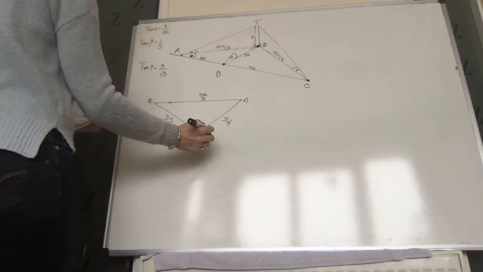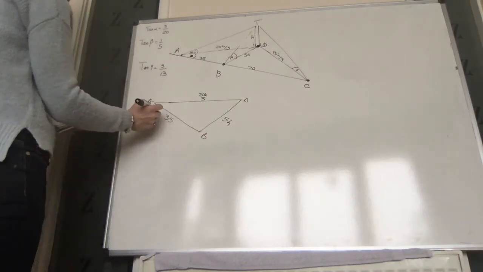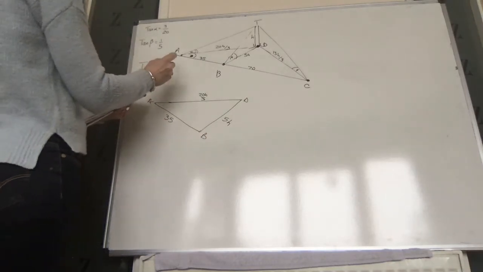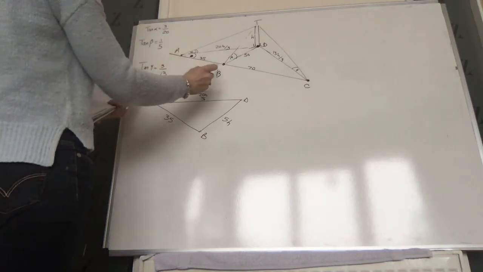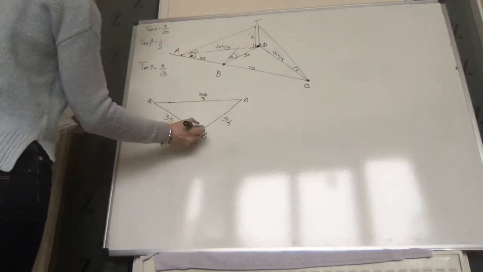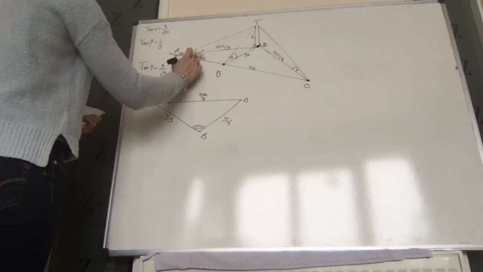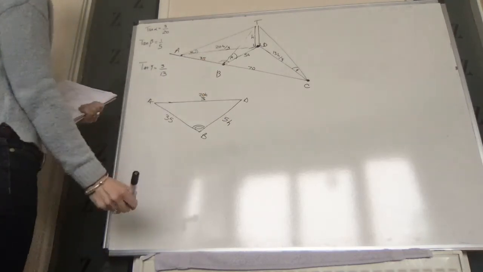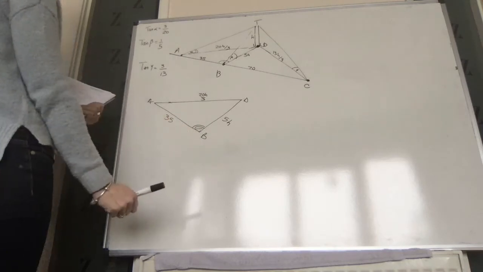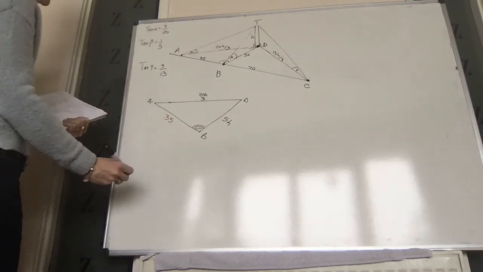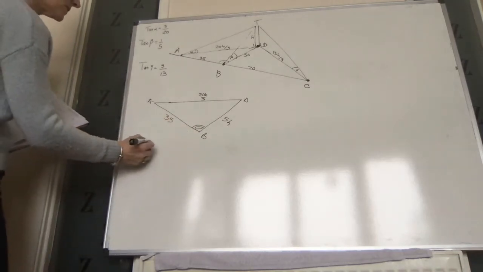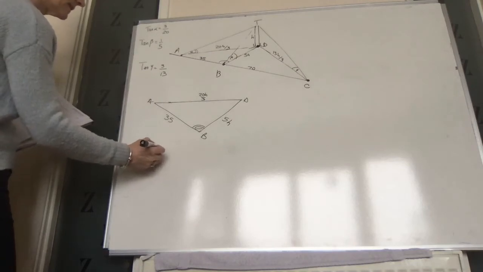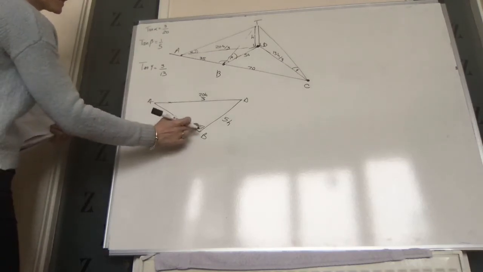And we want the cosine of angle ABD. Sorry, this is the one we want the cosine of, not this one. A to B to D, this one here. We want the cosine of that in terms of h, basically. So that's the angle we want.